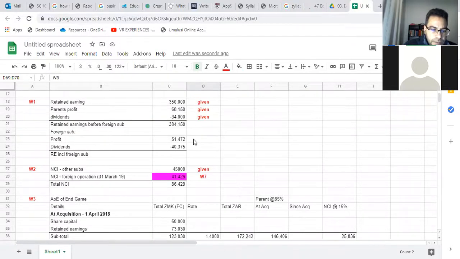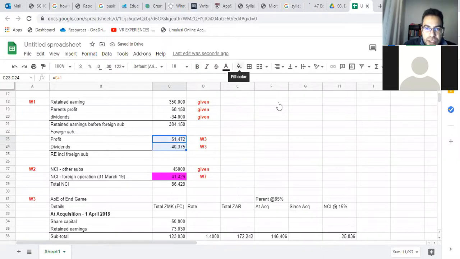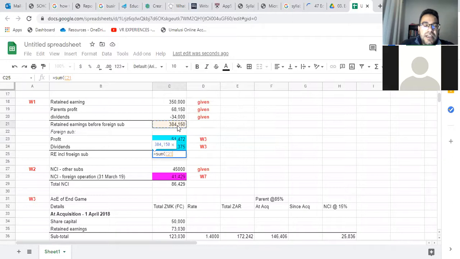So over here, it is working 3. I'm just color coding for you so that when you look through the analysis of equity, you know which numbers are used. So that is the correct retained earnings attributable to the parent from the group perspective before the foreign sub. But we needed including the foreign sub.